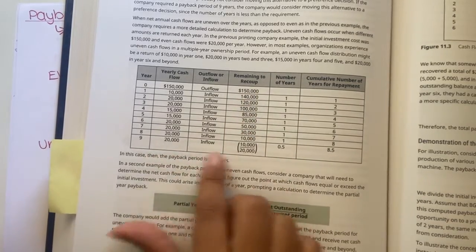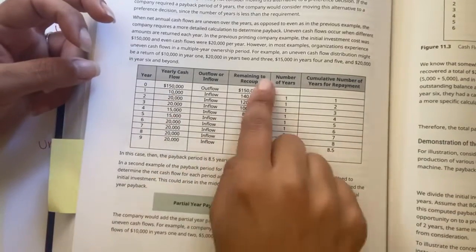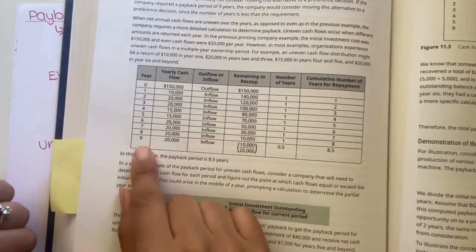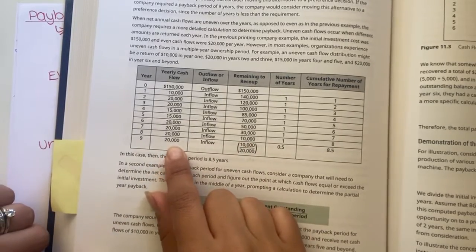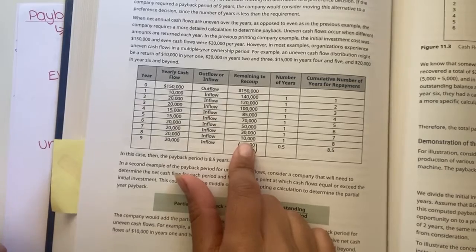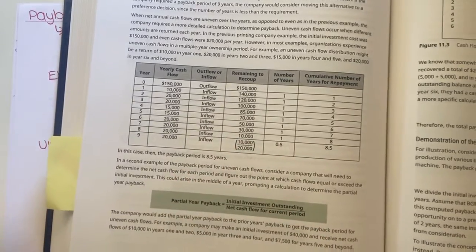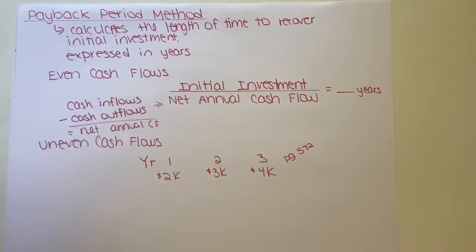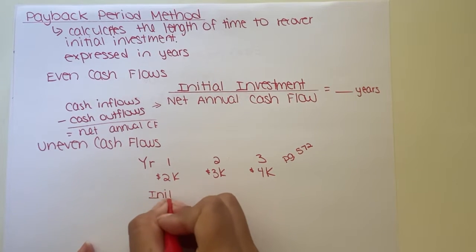The tricky part is when we get to that final year when they do kind of break even, right? Where the revenues cover the costs. So in the 9th year, we have a $20,000 inflow. We only had $10,000 left to recoup. So the formula for that, I will give you now in our notes. The formula for that is initial investment outstanding.